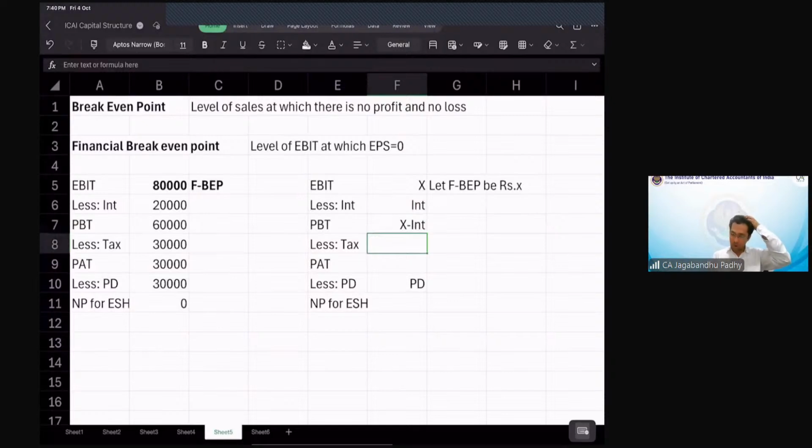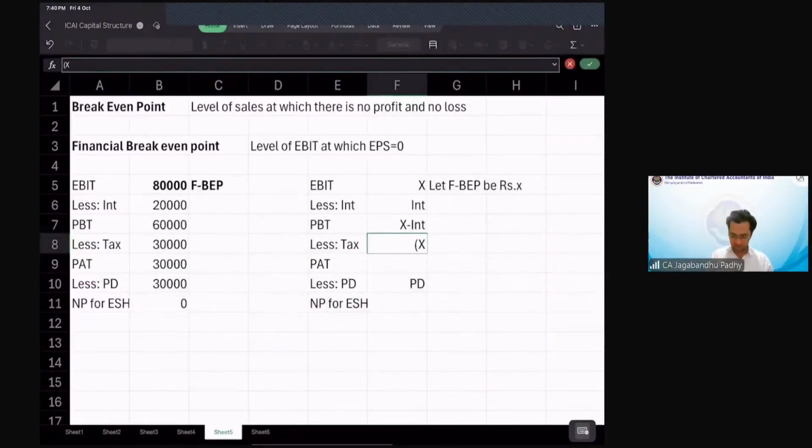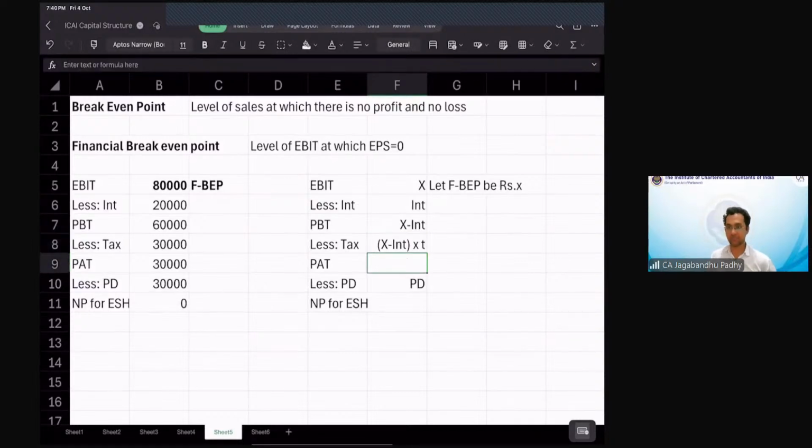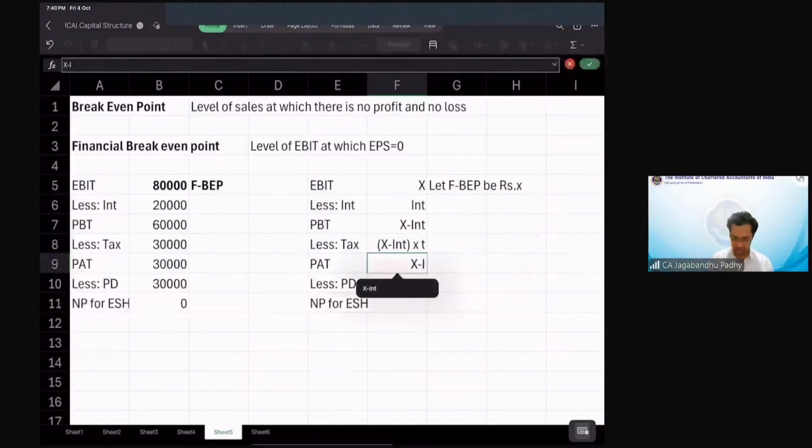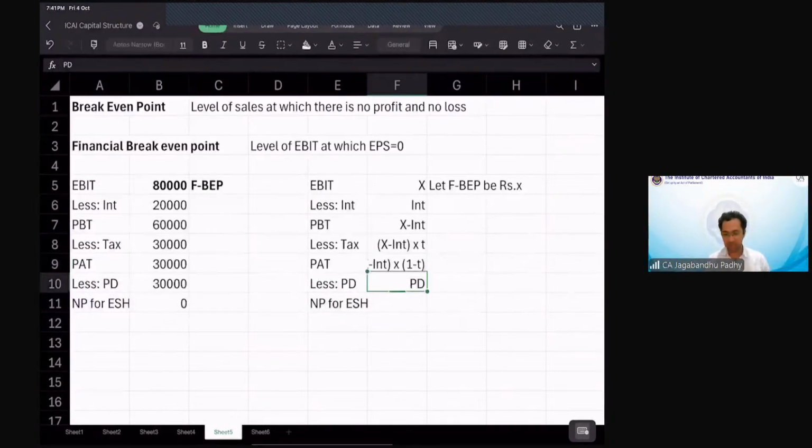Now, how do we get the tax? Can I say tax will be X minus interest multiplied with the tax rate? Correct? So PBT is X minus interest, and X minus interest multiplied with the tax rate is the tax. Now what will be the PAT? Can I say PAT will be X minus interest, the whole multiplied by 1 minus T?